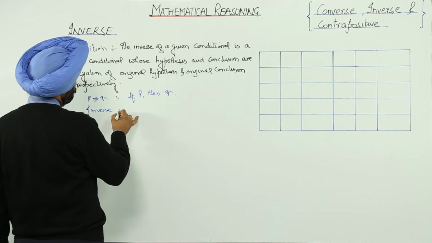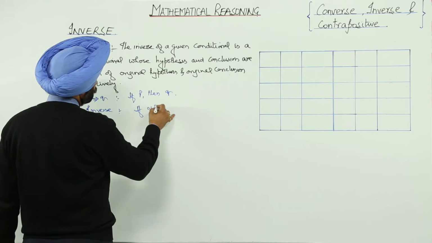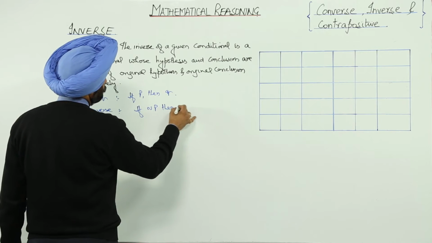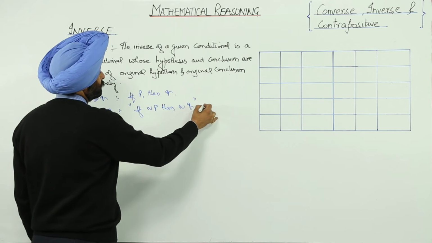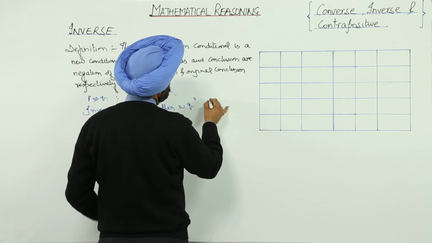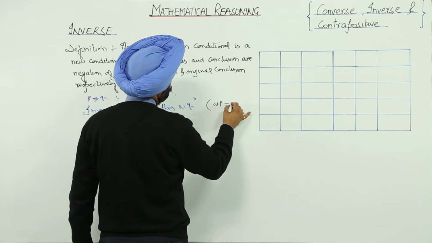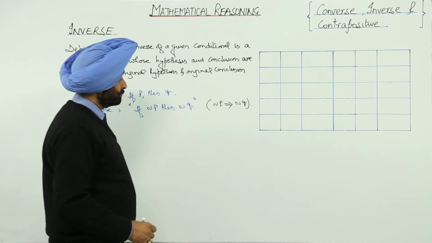The inverse will be if negation of P then negation of Q. Okay. And this follows, this goes for the negation of P implies negation of Q.